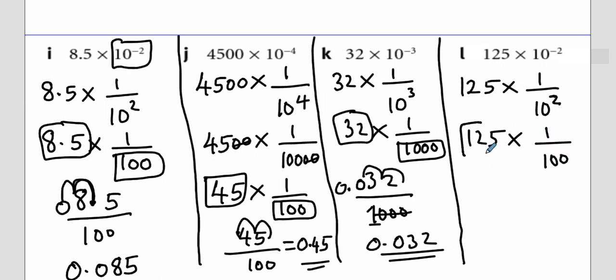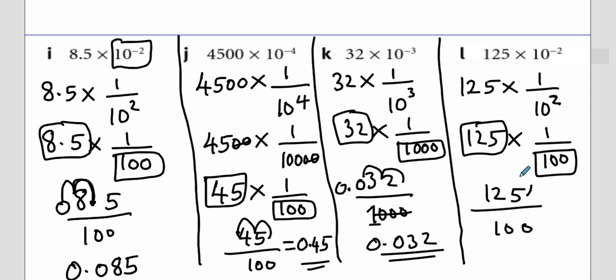Then you do 125 divided by 100. 100 has 2 zeros, so count 2 numbers from the right. You keep a decimal point over there. This will be 1.25.